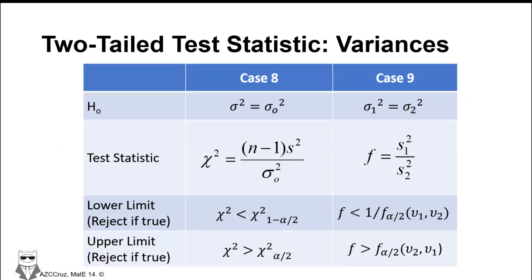Okay? 'Di ba? Case 9 is when we are comparing two variances. So gusto natin i-compare yung variance ni dataset 1 versus variance ni dataset 2. Then from there, i-test natin kung if it results na equal sila, then ang gagawin natin is magki-case 5 tayo. Tama? Pero kung ang results ng case 9 natin na test is not equal sila, then ang gagamitin natin is case 6 naman.